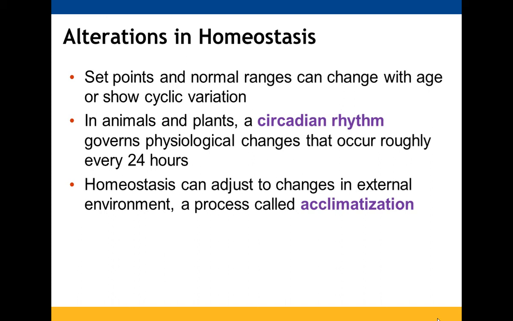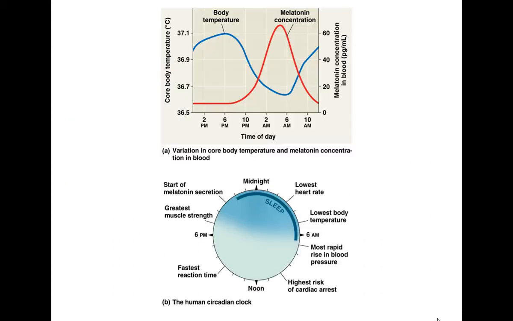There's a rhythm that we go through of sleep and awake and move around and then start to get tired and go back to sleep, that governs the changes that occur in our bodies. When we have slight changes occur, like daylight savings, our body will readjust to those, acclimatization.